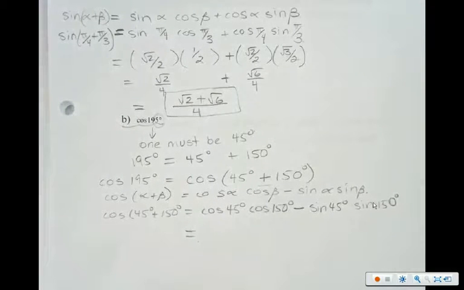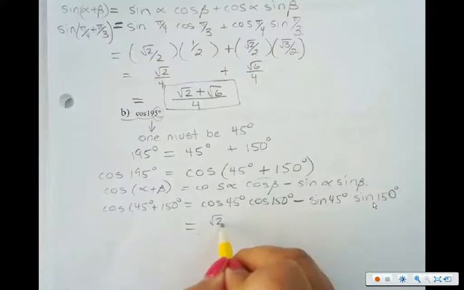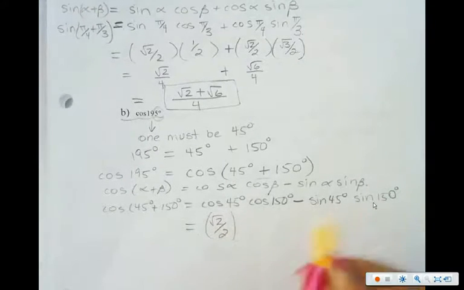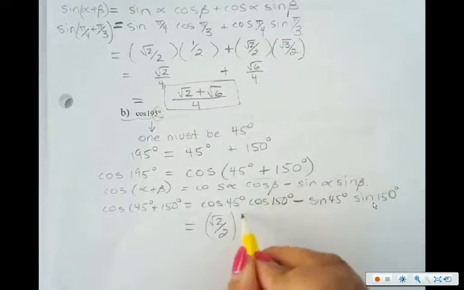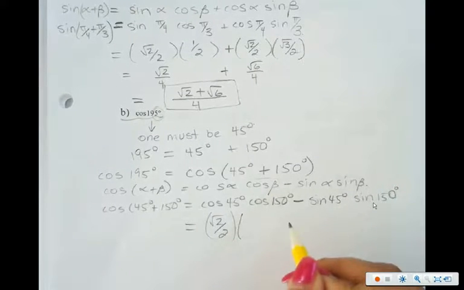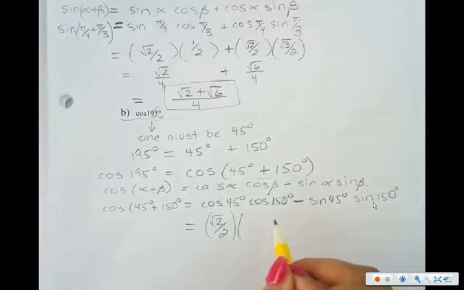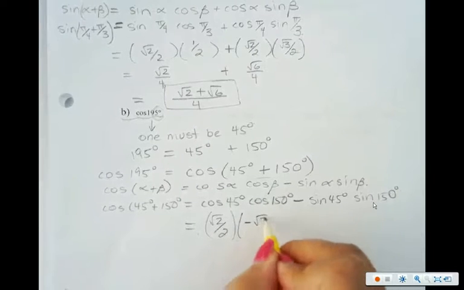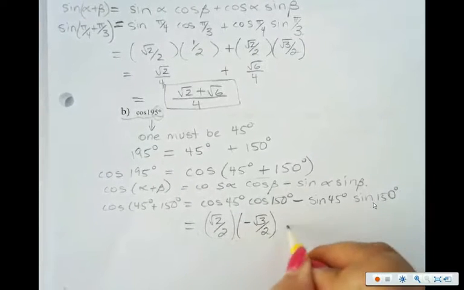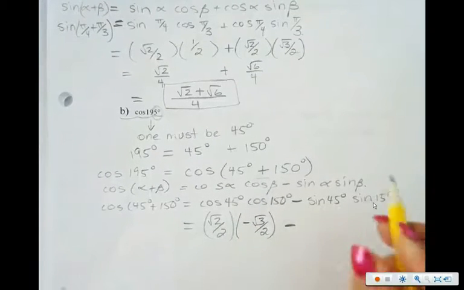Okay, so what is cos of 45 degrees? Root 2 over 2. Okay, what about cos of 150? Cos of 150 is which quadrant? Quadrant 2. So it's going to be negative. Okay, and then how about sine of 45?